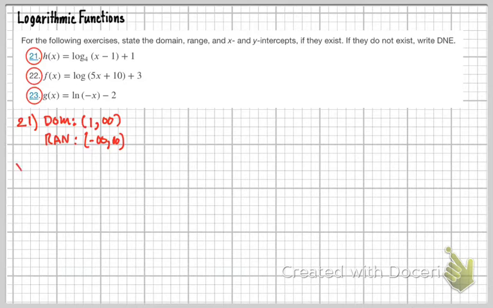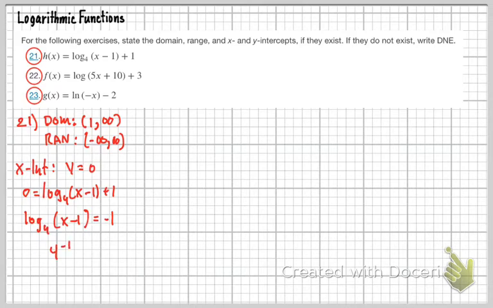So now let's talk about the x-intercept. For the x-intercept, that's where my y equals 0. Remember, my h of x is my y here. So I make that 0: log base 4 of (x minus 1) plus 1. The first thing I would do is move the 1 over. So this is going to be log base 4 of (x minus 1) equals negative 1. Then I would do 4 to the negative 1 equals x minus 1.